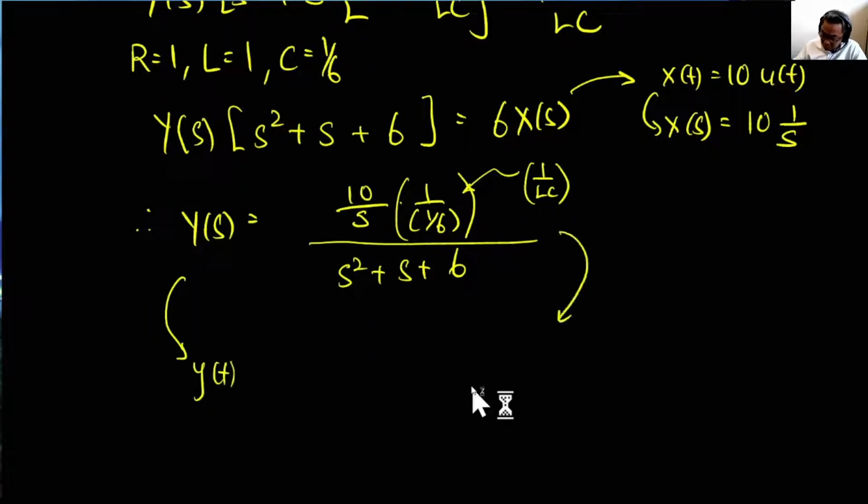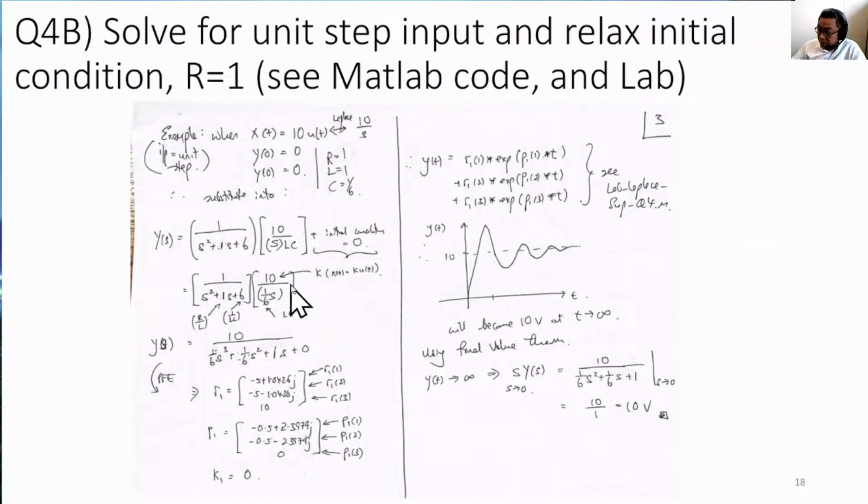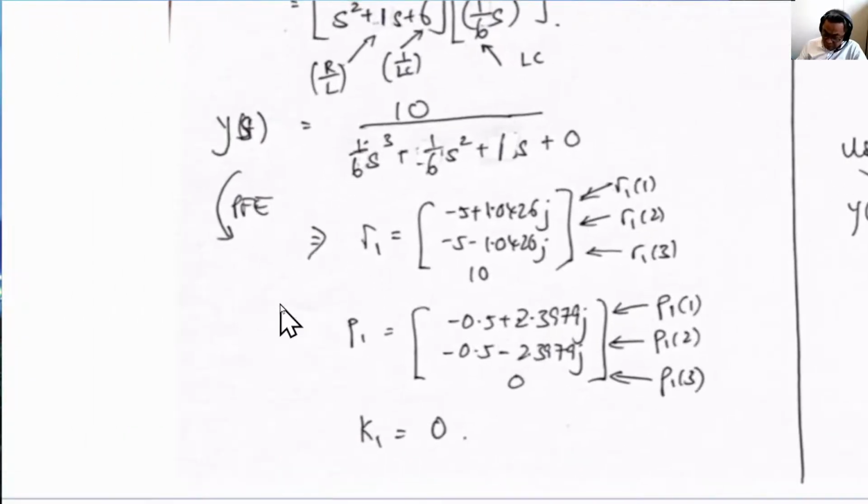Again, to solve for this step, we have to perform partial fraction expansion, and I'll just show you the steps first. Again, I use residue, and here's the solution. Here's y of s. I express it as the numerator polynomial divided by the denominator polynomial.